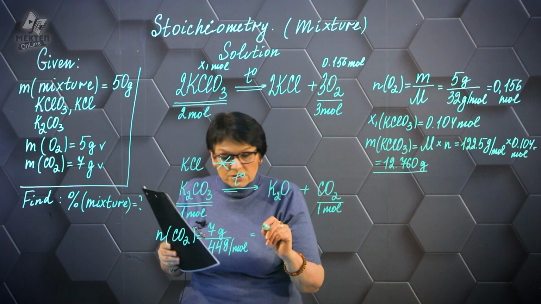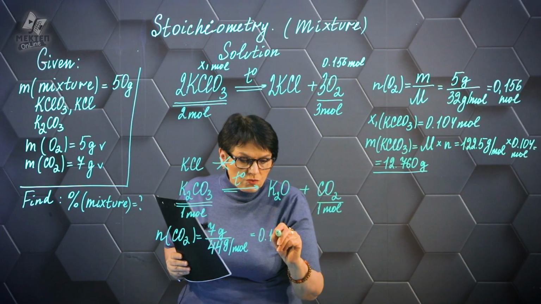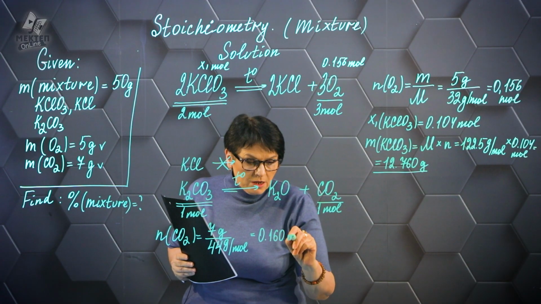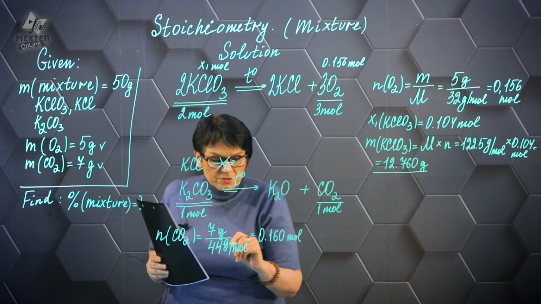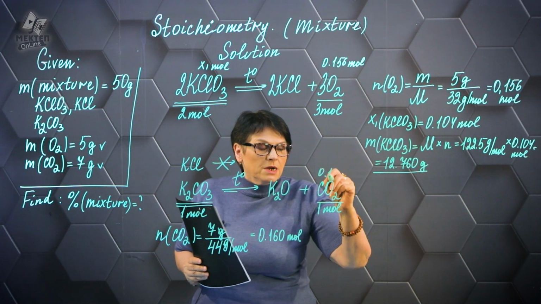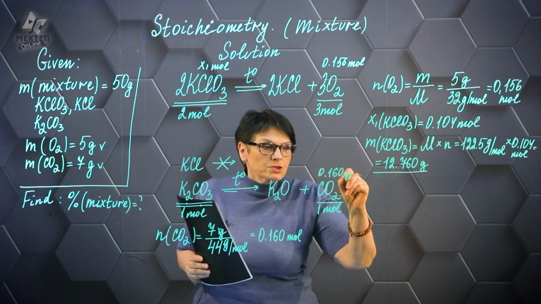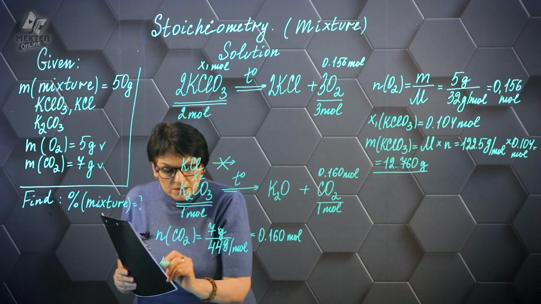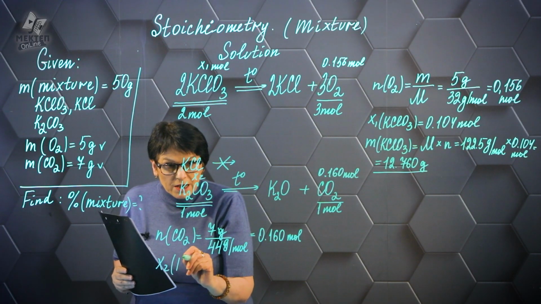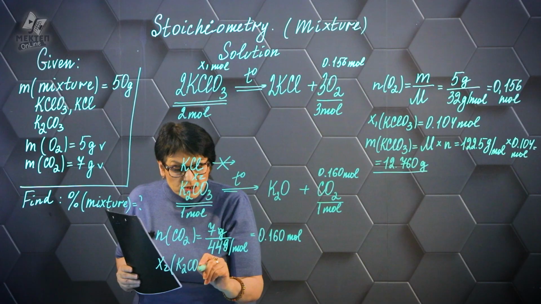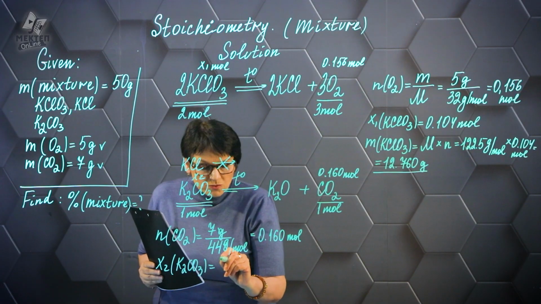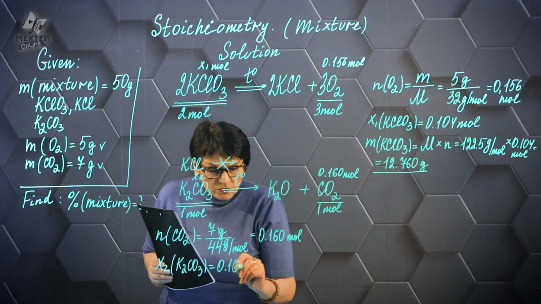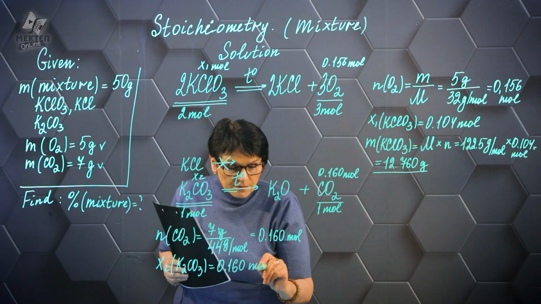In this case, we have carbon dioxide at 0.160 mole, because the grams cancel. There's X2, and this X2 for potassium carbonate, K2CO3, is obviously going to be equal in moles to the same value, 0.160 moles.